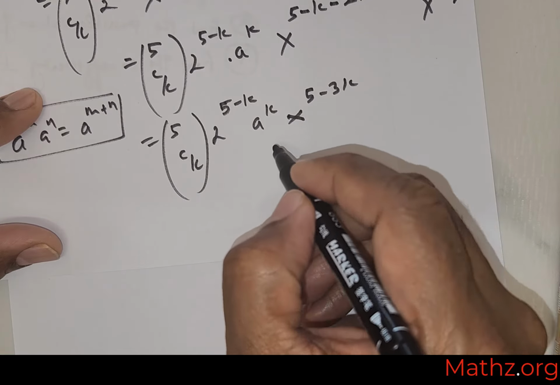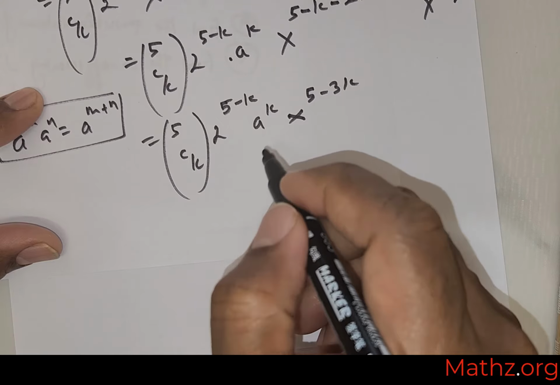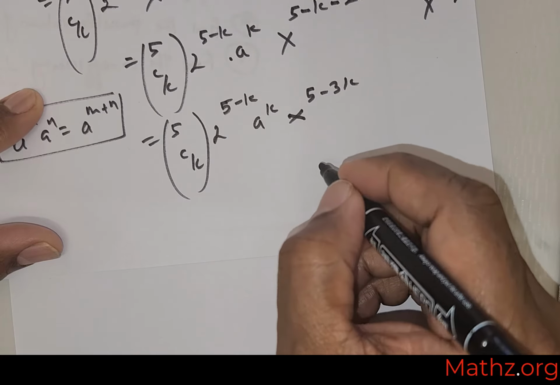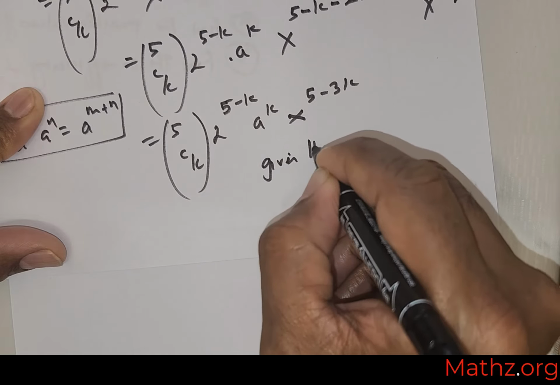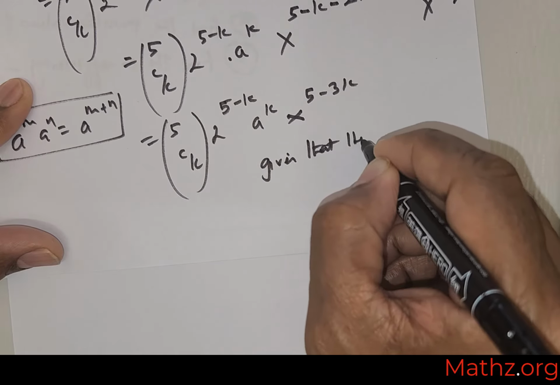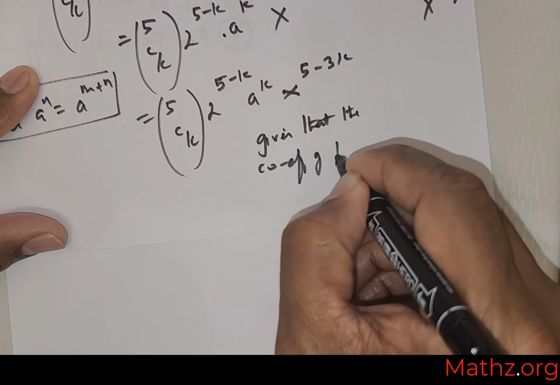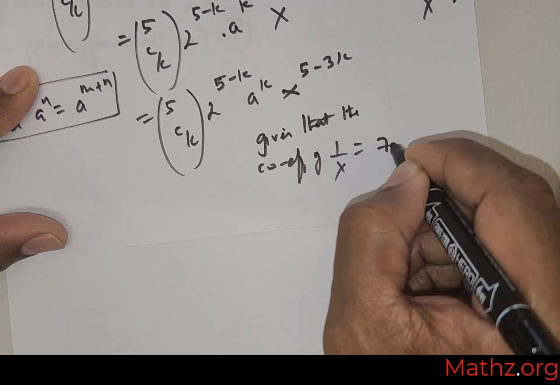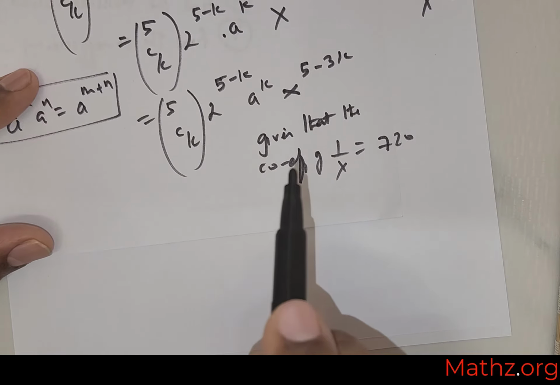Now they are asking us to find the value of a, right? But they have given us the following. What is it that they have given? That the coefficient of 1 over x is 720. Now this is the nth term.